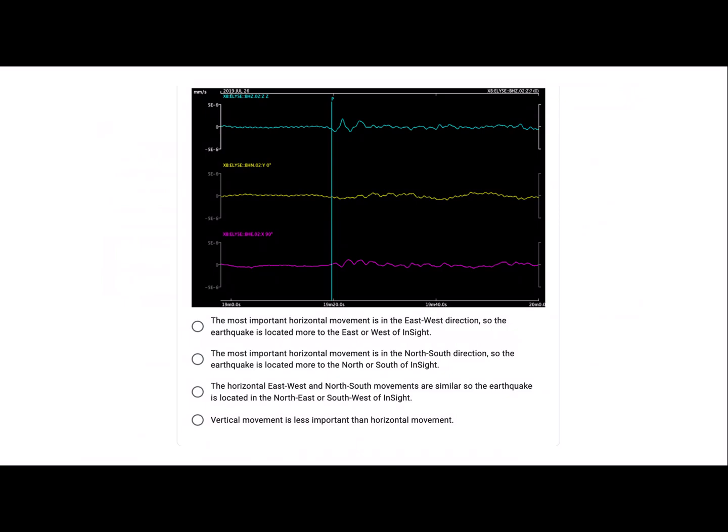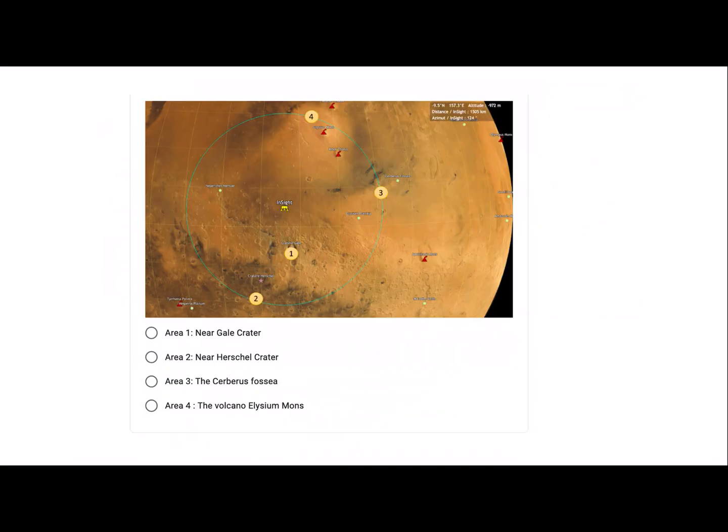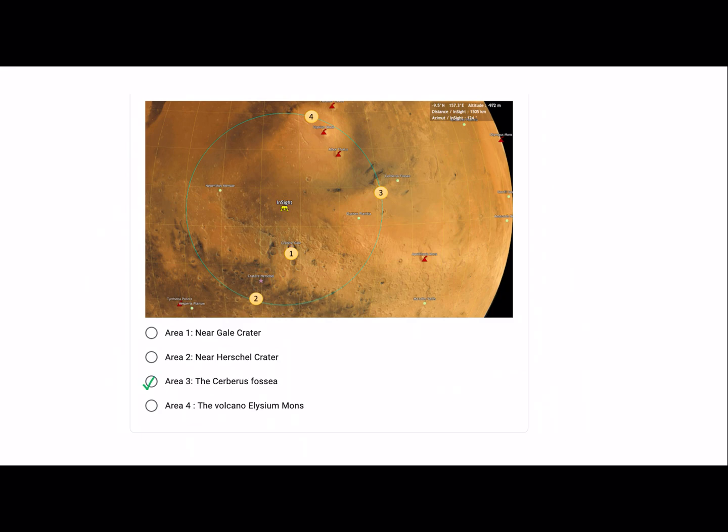So that suggests that the event was located either to the east or to the west of the lander. If you put those two pieces of information together, the distance and the direction, you can determine that that earthquake was coming from the area of Cerberus Fossae.